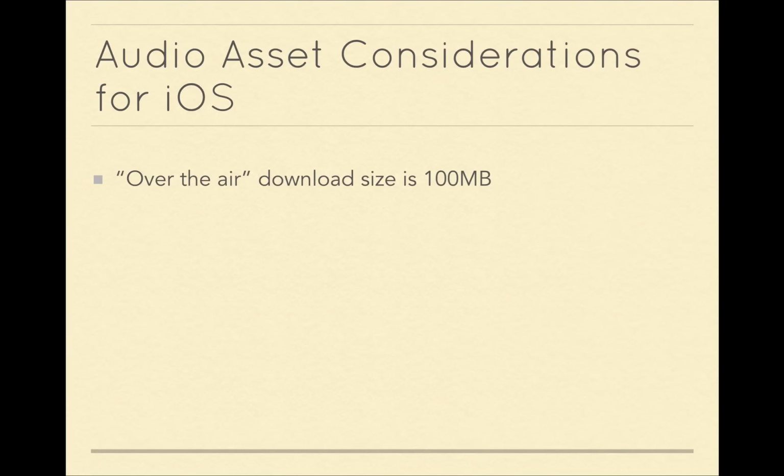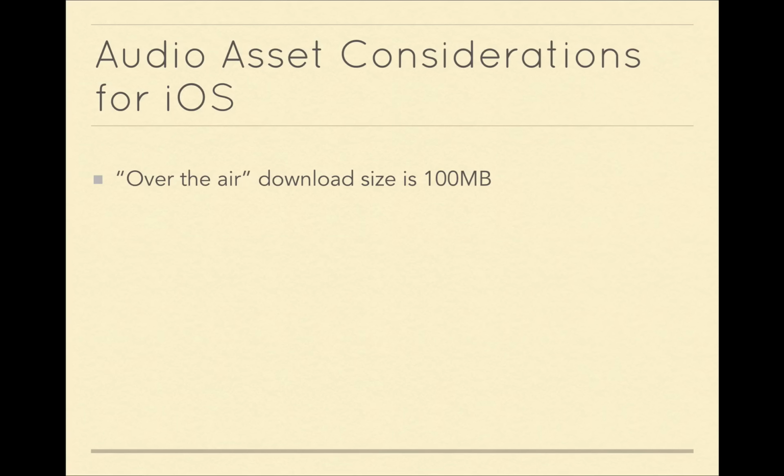Another major consideration is the over-the-air download size. And right now, this is currently at 100 megabytes. Now, what this means is that any app that is over 100 megabytes cannot be downloaded over cellular data. It has to be downloaded over Wi-Fi. And this is a big problem for developers because it limits the accessibility for consumers to get their apps.